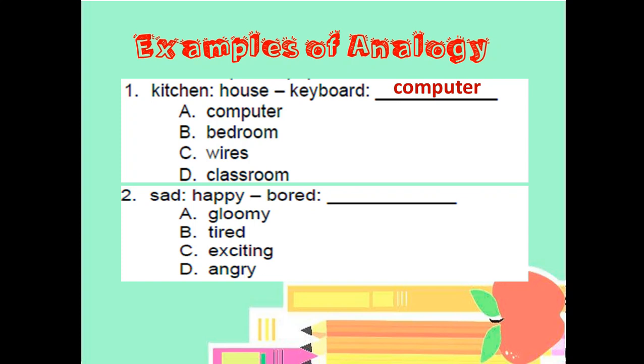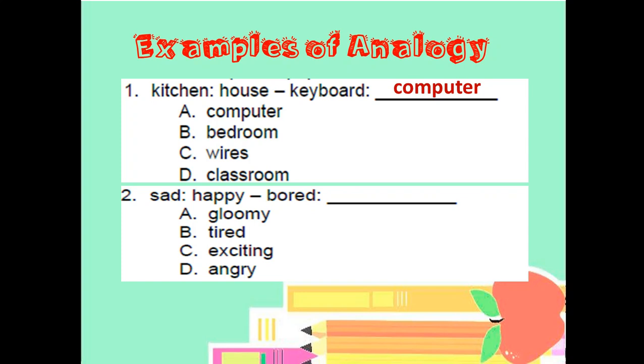For the second example, we have sad is for happy, then bored is for blank. Let us try to identify first sad and happy. What have you observed? That's correct. Sad and happy are both opposite. It means the antonym. Let us try to find out the antonym or the opposite words for bored.